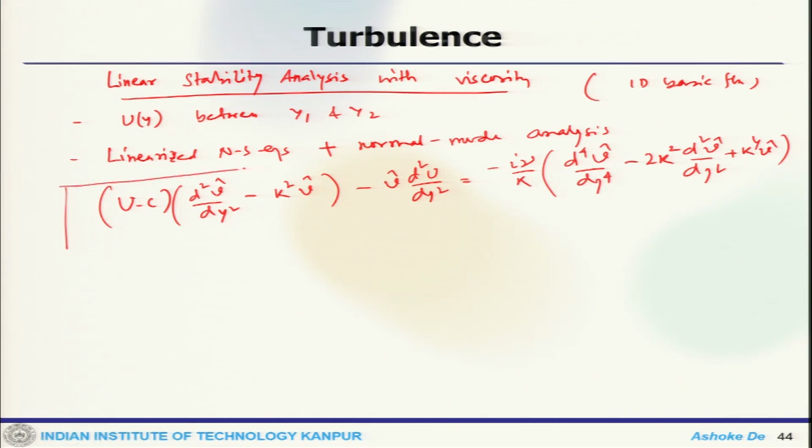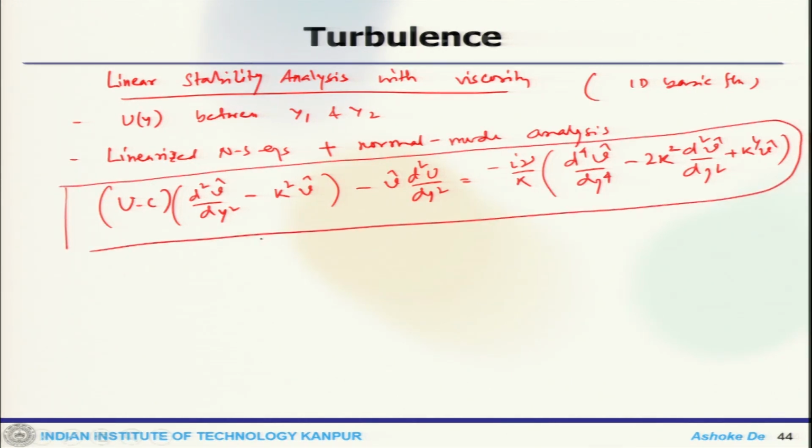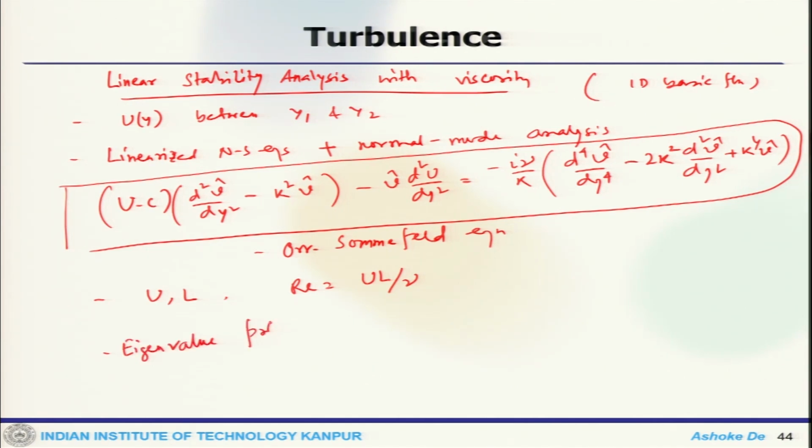So, this is a well known Orr-Sommerfeld equation. Now, in dimensionless form, if we use the velocity U and length scale L, we can use Re as UL by nu. So, my eigenvalue problem essentially becomes C equals to f of k, Re.